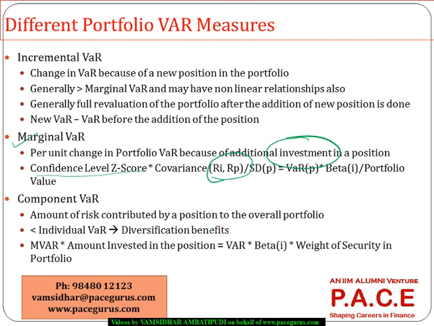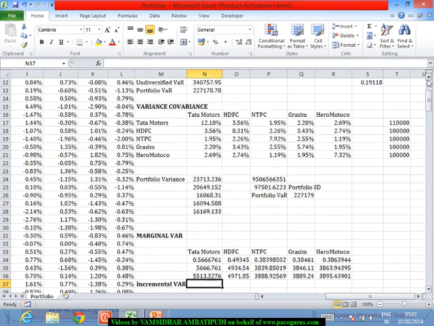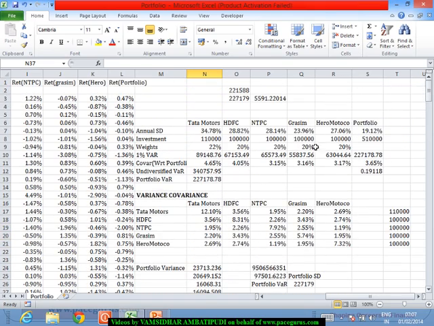Why are these two different? Because by bringing in the incremental VAR, we are looking at the overall change. The reason being, when the new investment comes in, the percentages are changing. This has become 22%, whereas if I am increasing the percentages, I see that this is 21.5, whereas all others became 19.6.